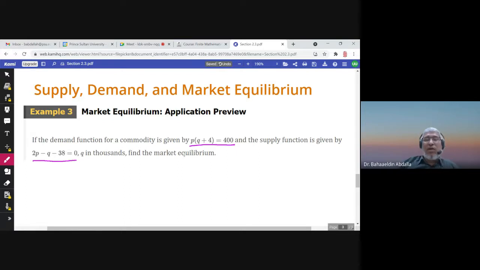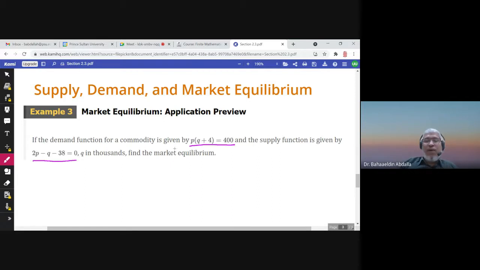Well, here, notice that P times Q will be an equation of degree 2. It will make it quadratic because P times Q, two variables multiplied by each other, is similar to a quadratic function or equation.